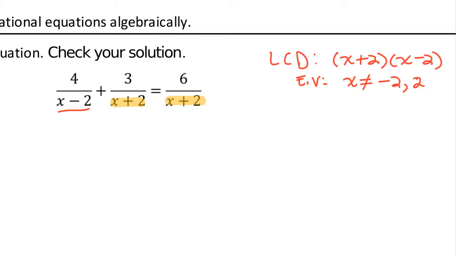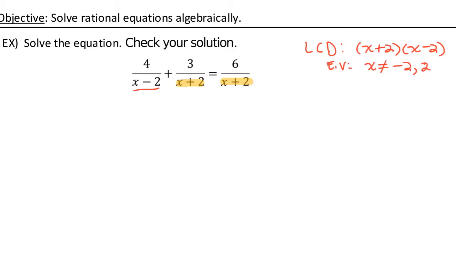Okay? So then our next step was to multiply by the LCD, but this time I have 3 fractions. So I'm going to multiply by the LCD this one, multiply by the LCD, and multiply this by the LCD. Okay? We're going to multiply all 3 of them.